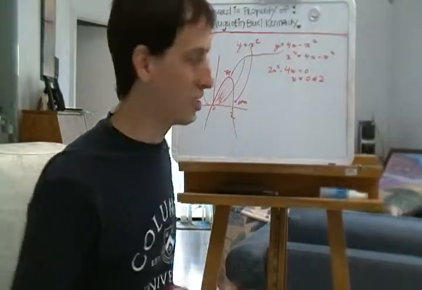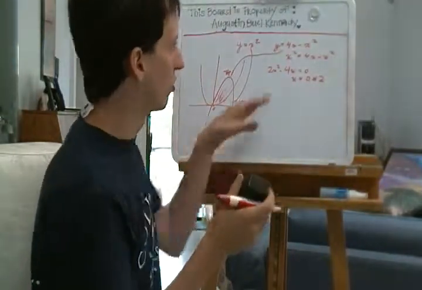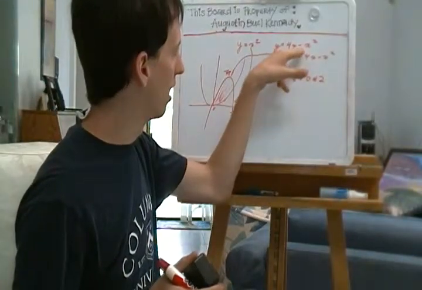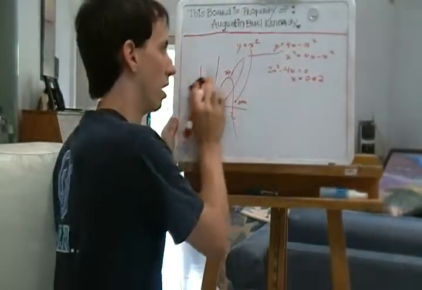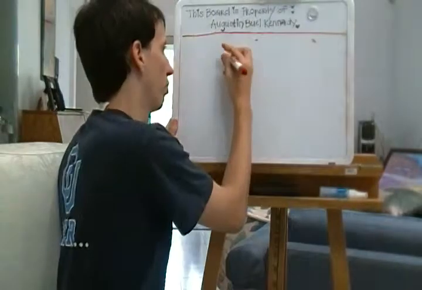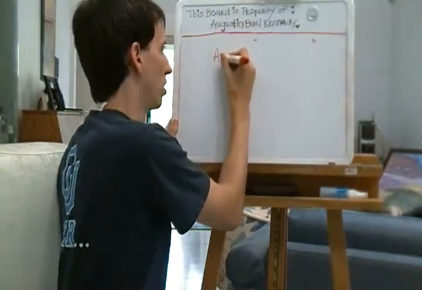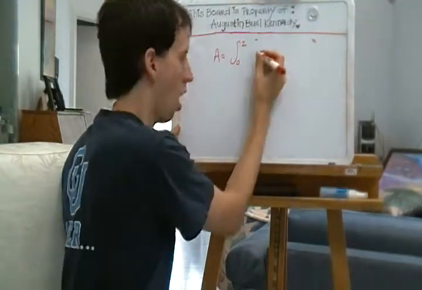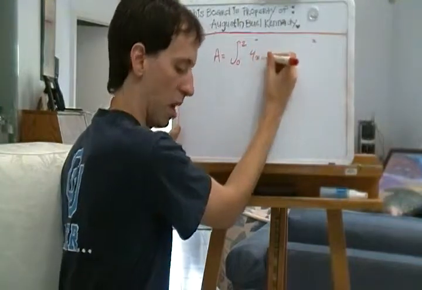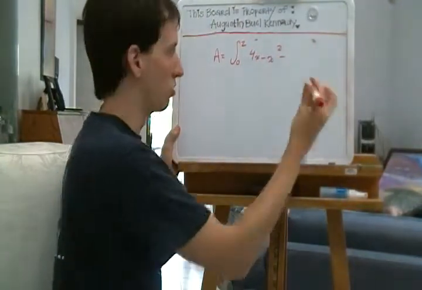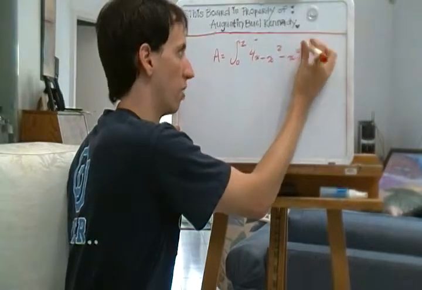So it's going to be a very simple integral to set up, because the area is going to equal that minus that between 0 and 2. So the area of the region bounded by those curves is the integral between 0 and 2 of 4x minus x squared minus the second function that was on the bottom, which was just x squared.